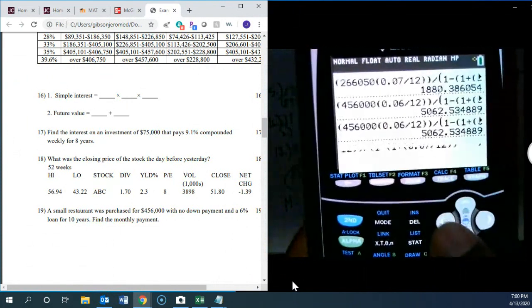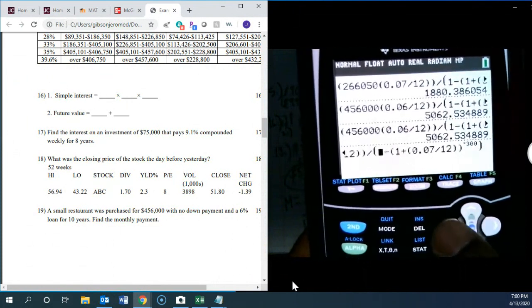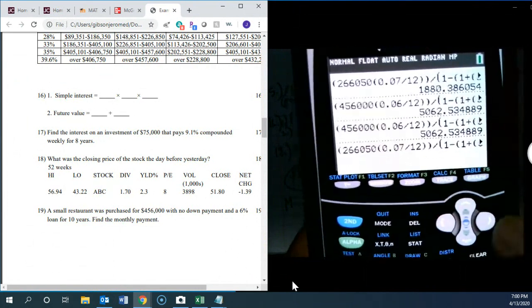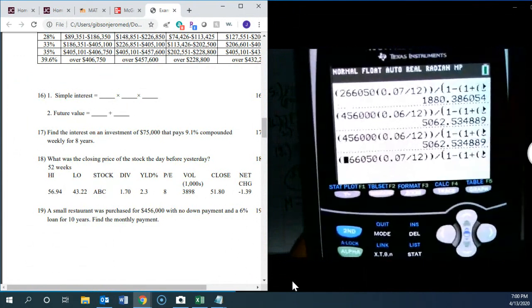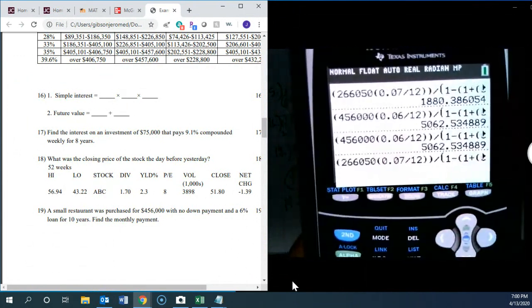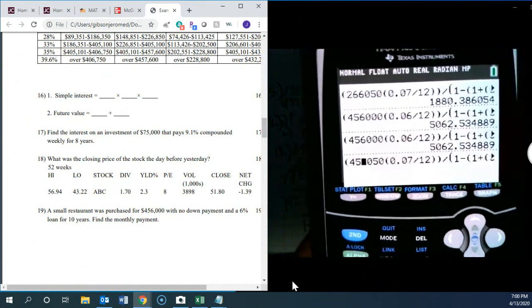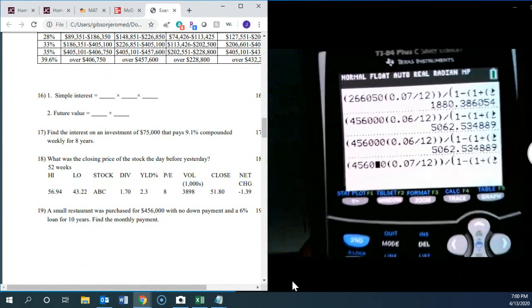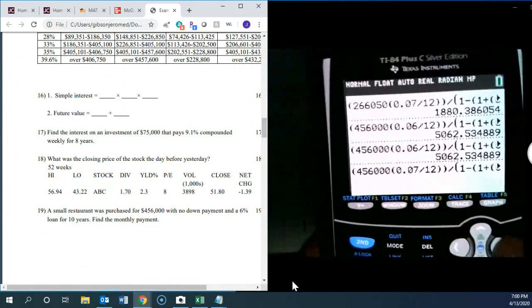Now, remember I told you all don't change that problem here. So I want to show you how you would change the numbers in the TI calculator. You do not go and delete out the numbers because if you do, you have to do an extra step. What you would do here, that 456,000, you would type over it. Sometimes it's hard typing. So you have 456,000.